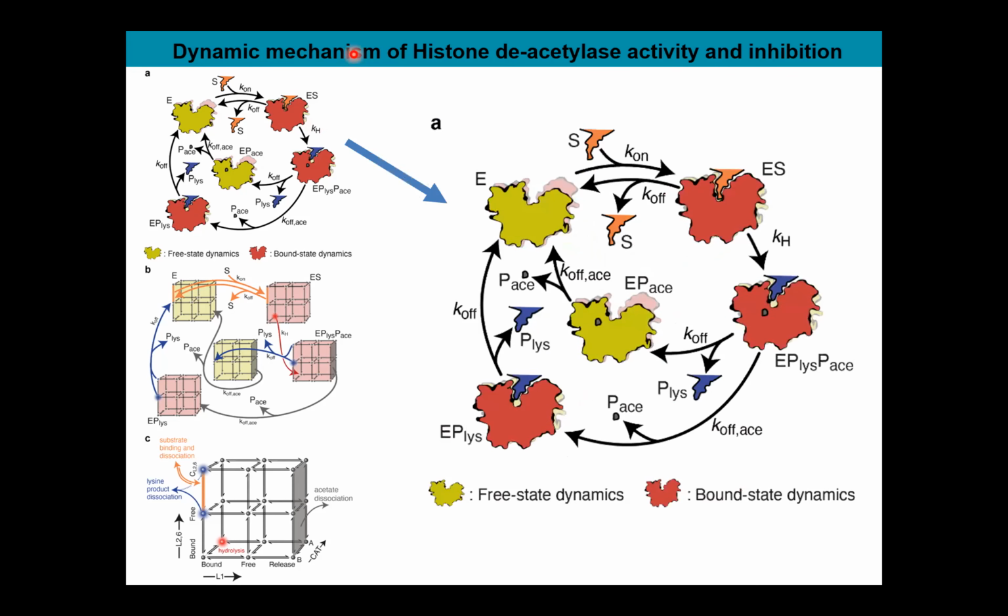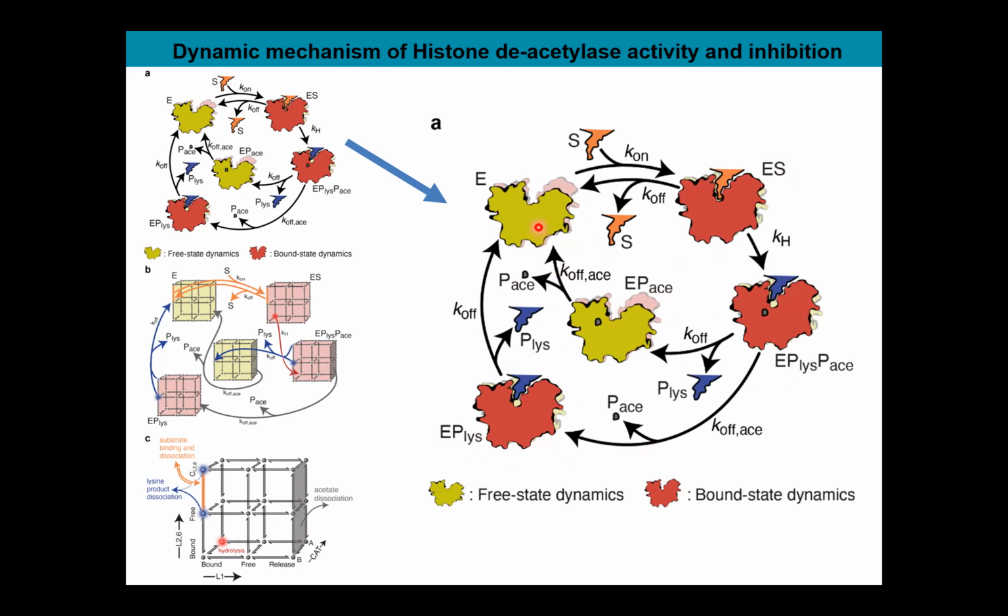And for that, first, assume the 5 species involved in the histone deacetylase catalysis. That is enzyme substrate complex, enzyme bound to product lysine and acetate, enzyme bound to product lysine, and enzyme bound to only the acetate.